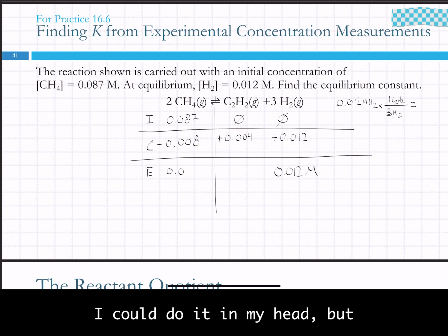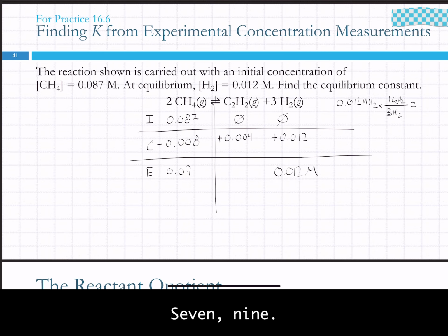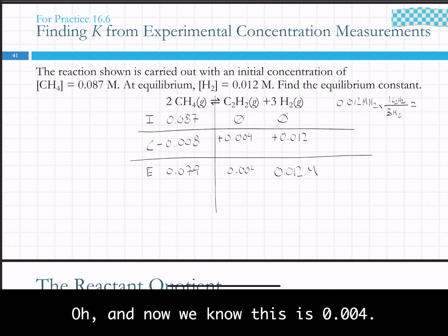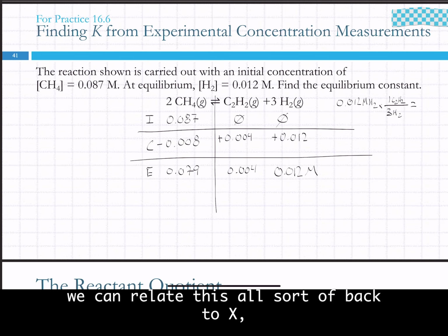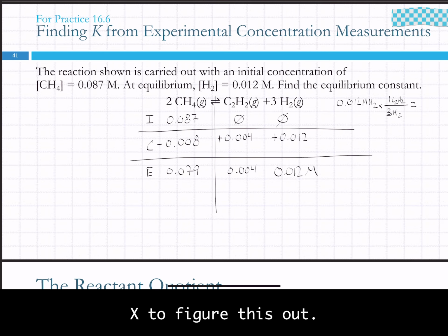So that makes this 0.0. I could do it in my head, but I almost always mess these ones up. 7.9. Oh, and now we know this is 0.004. And again, we can relate this all back to x, which is most of the time what we're going to be using to figure these out.